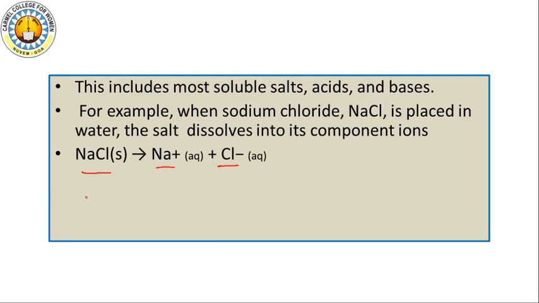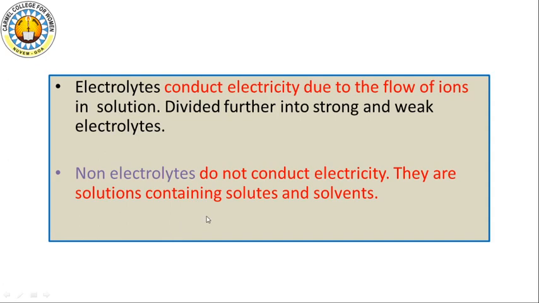Example of a base would be sodium hydroxide, which would give me sodium ions plus OH minus ions in an aqueous solution. Electrolytes conduct electricity due to the flow of ions. Now it is these ions, when they are present in the solution, which are responsible for the conduction of electricity.